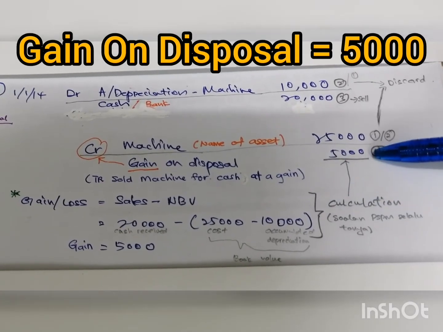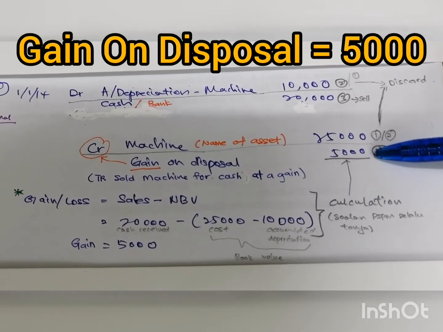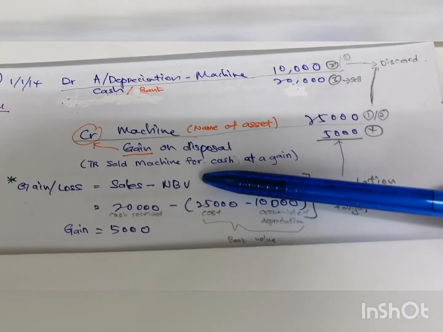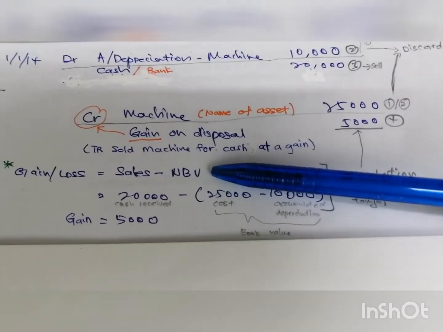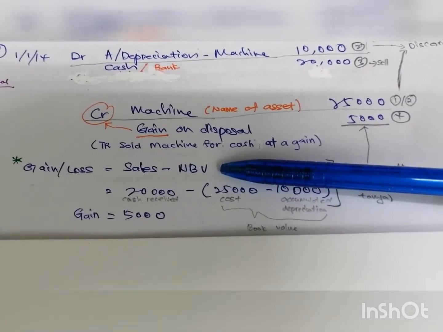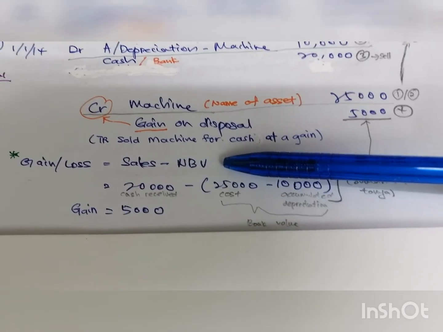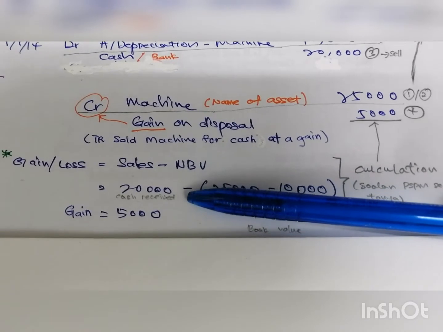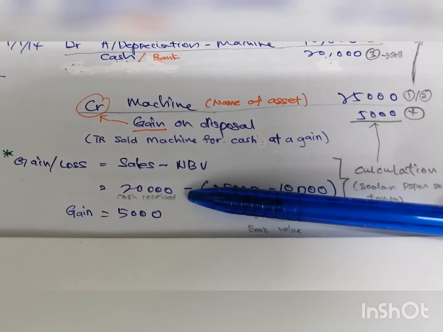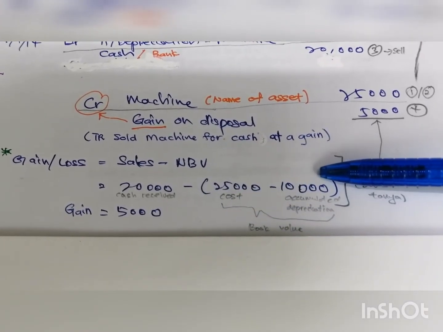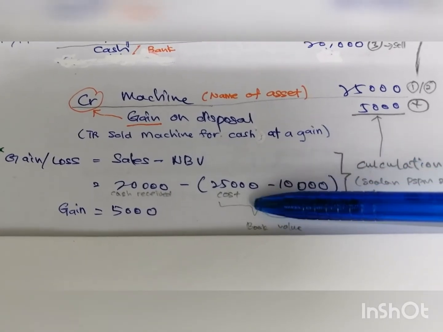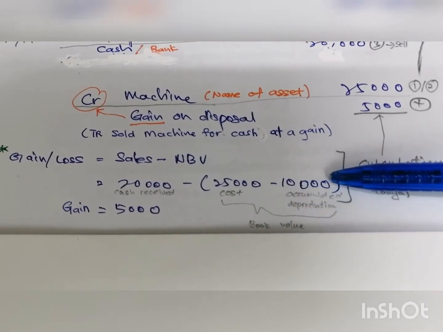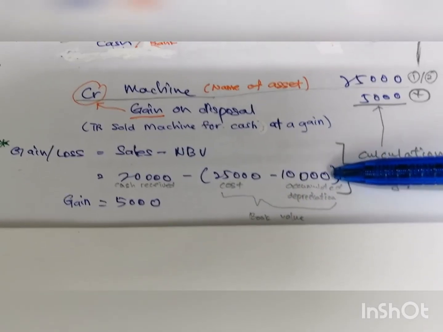Well, how do I know it is a gain on disposal for the machine? We can look at here. The formula for gain or loss is sales minus net book value. So the sales is 20,000. This is the cash received minus the net book value. Net book value is the cost of machines 25,000 minus accumulated depreciations 10,000.